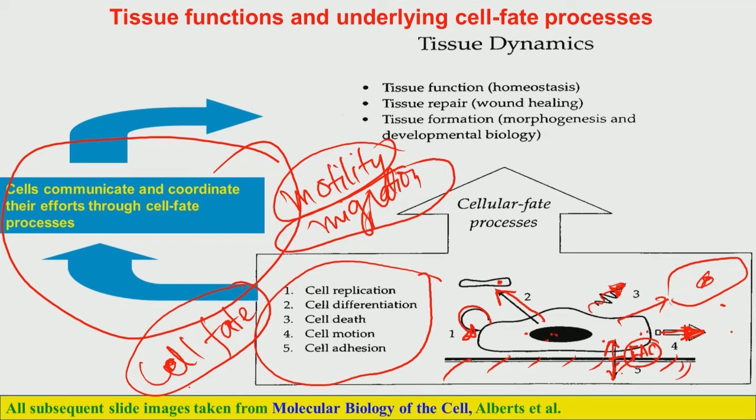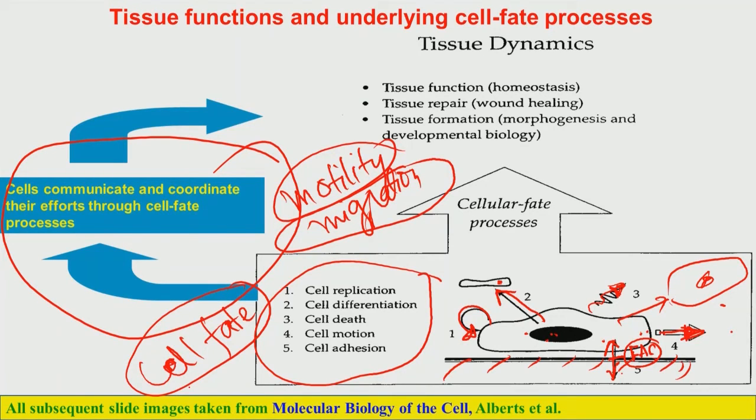Means whether the cell would grow, whether the cell would differentiate, whether the cell would not be able to survive, or the cell would adhere to the material substrate, or the cell would migrate, or become mobile on the biomaterial substrate. Remember, this cell migration or cell motility is a kinetically extremely slow process.